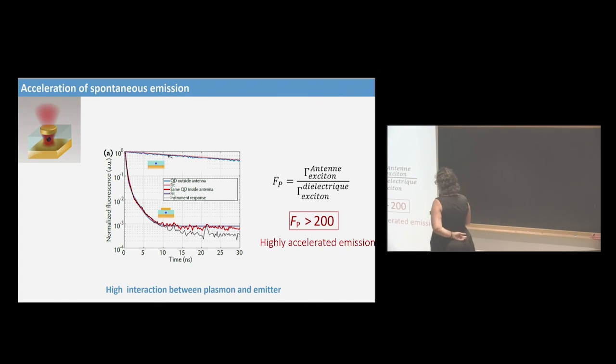So we put these single emitters inside the patch antenna. Here you have the decay of a single emitter when it's just on a gold surface. Then we take the same single emitter, we put a patch over it, and we measure again the decay.